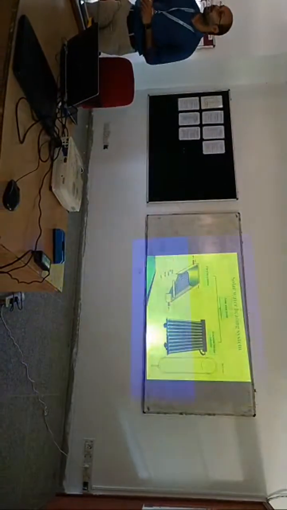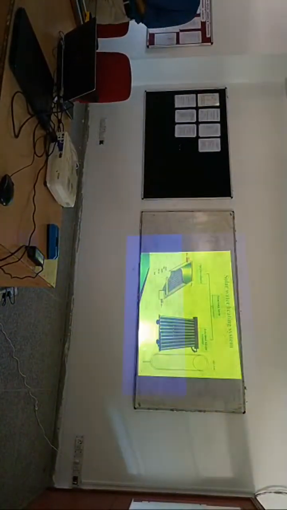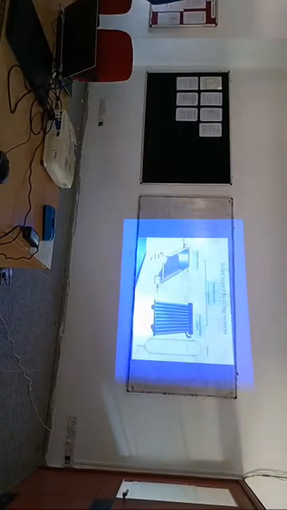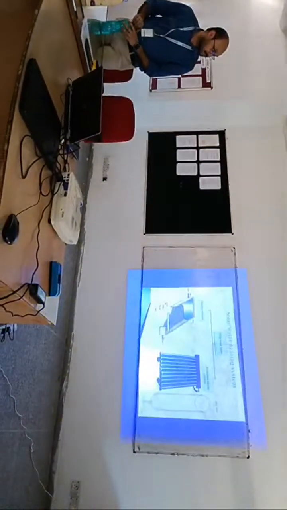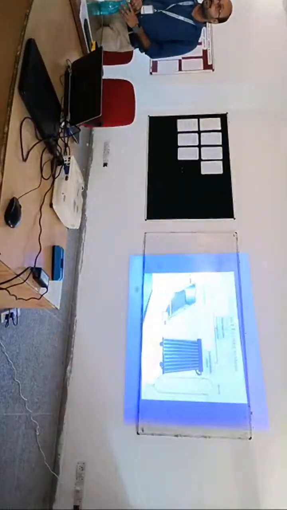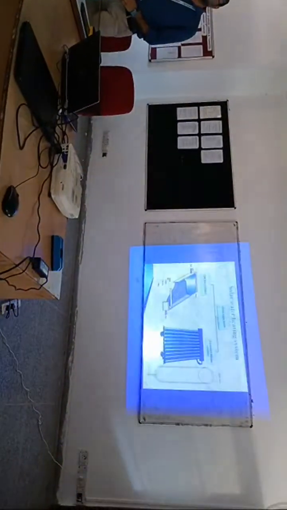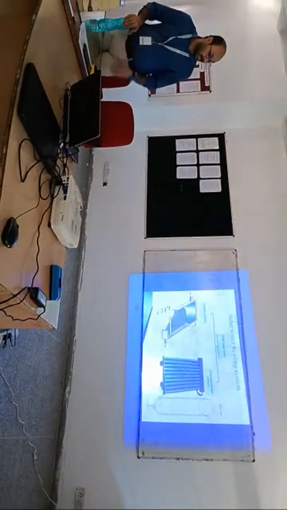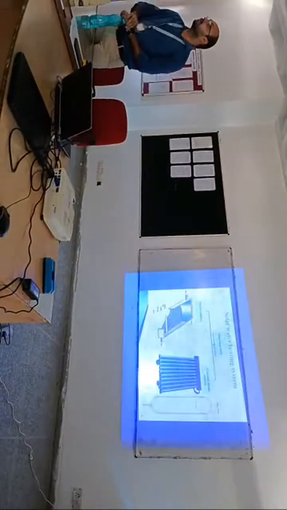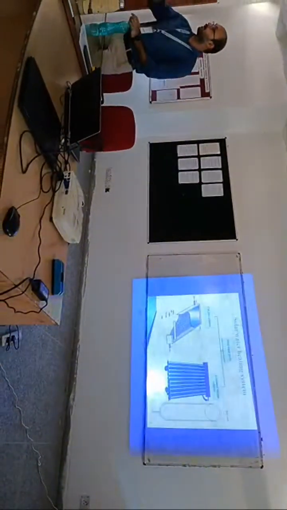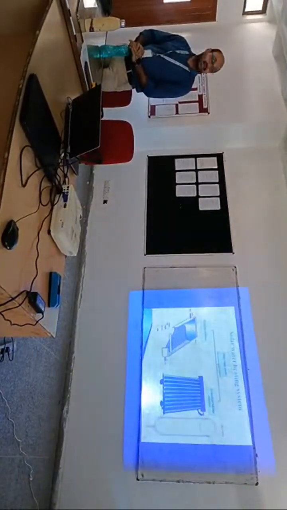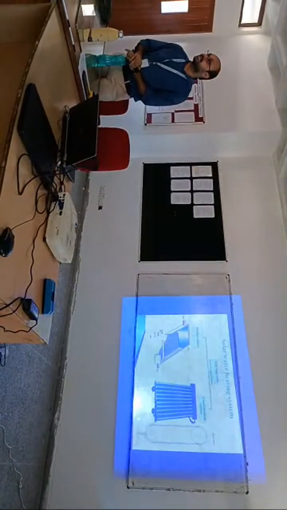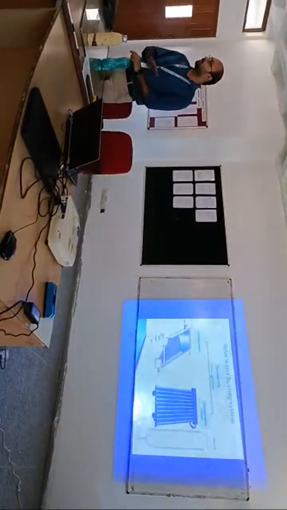So the first one is the solar water heating system. We use the sun's energy to heat up the water. In the solar water heating system, two very famous devices are the flat plate collector and the evacuated tubular collector. The flat plate collector is the basic design, the old design you can say. It consists of a rectangular wooden box painted black inside, and on the top surface there is glazing, a glass cover.